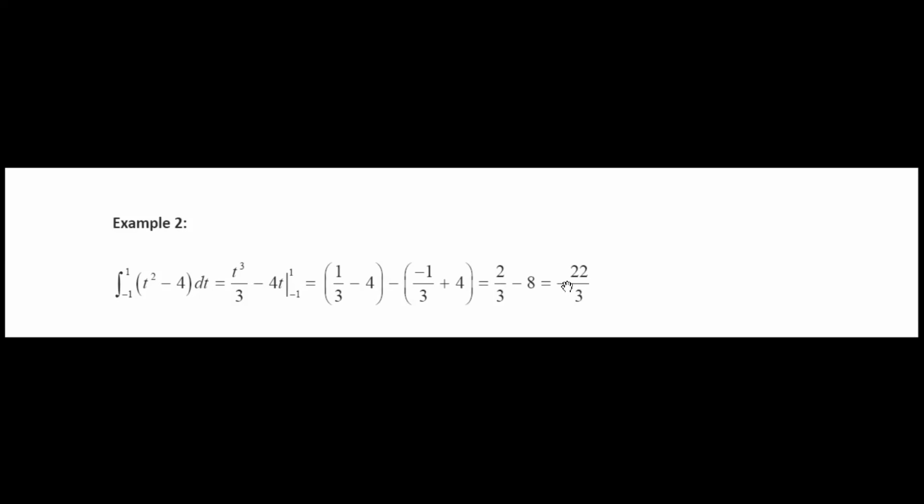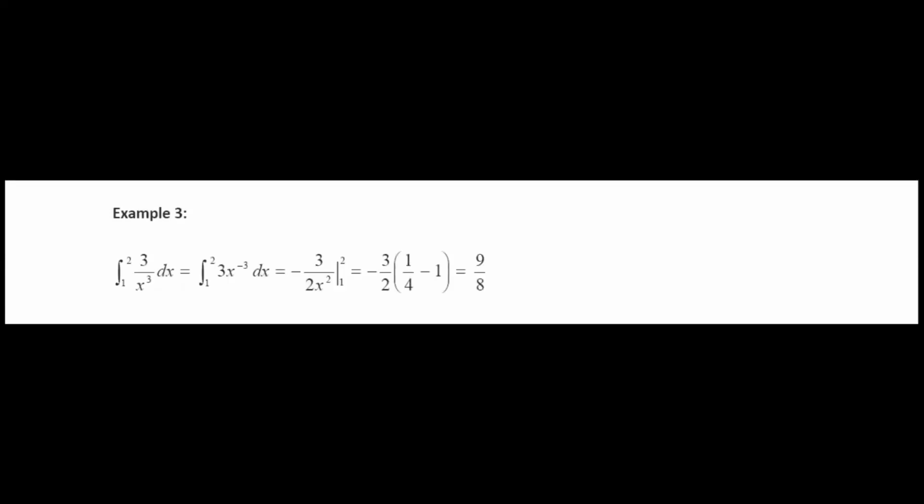Now, this is what we were saying earlier. This is just the answer. This is the definite integral. It is not the area, okay, because the area cannot be negative. But we're not going to say any more about that in this lesson. We'll save that for a later lesson when we emphasize area to a greater extent.